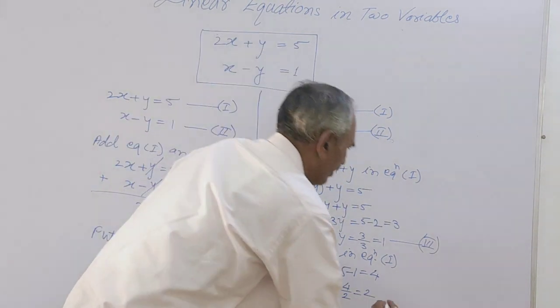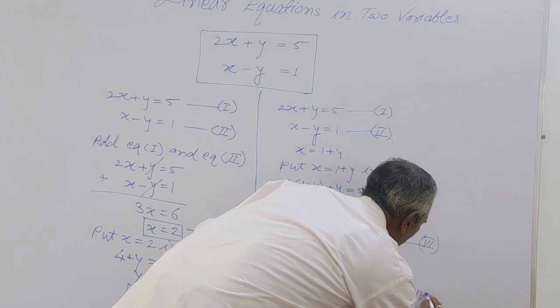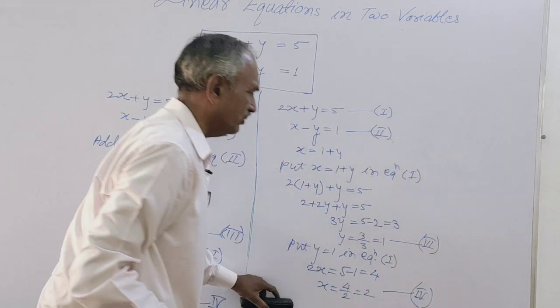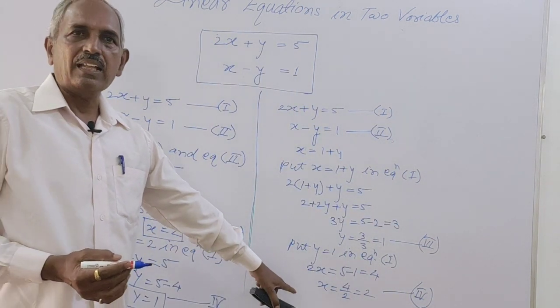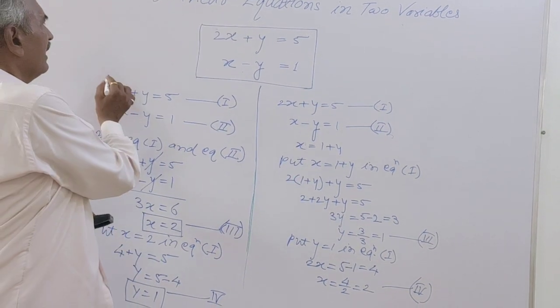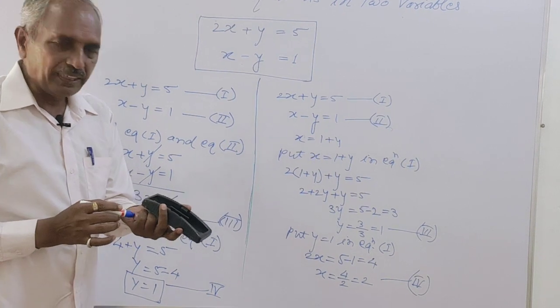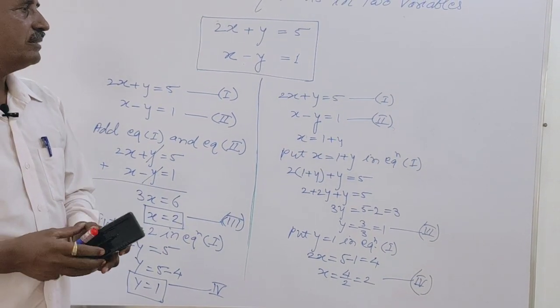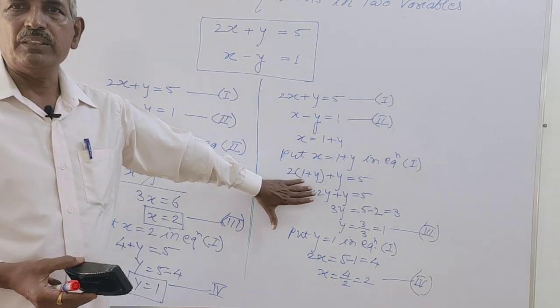Here I got the value of x as 2. So this is another method of solving the same two equations. This method is called elimination method, and this method is called substitution method.